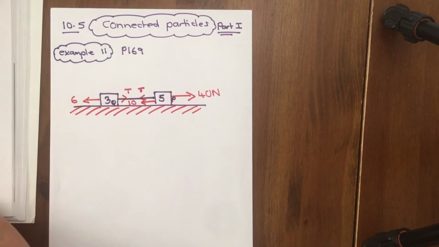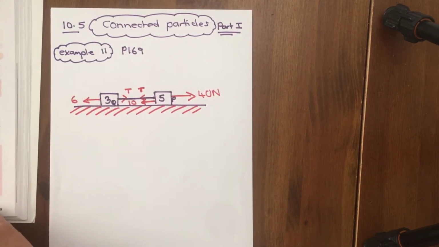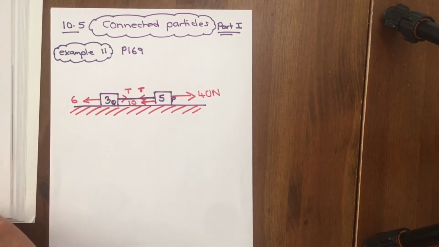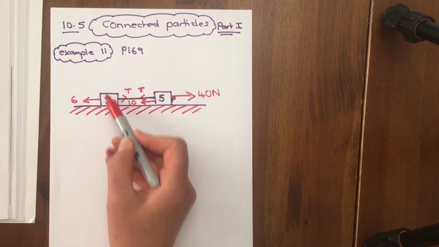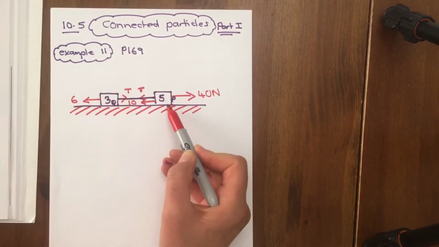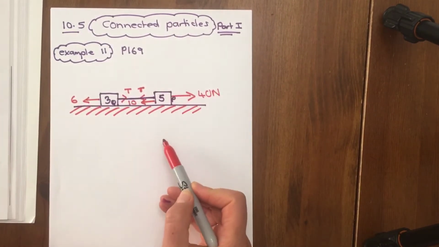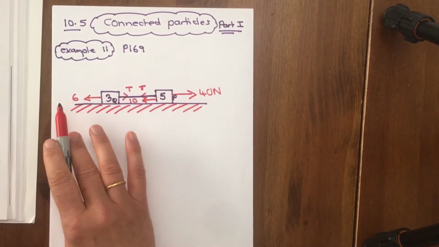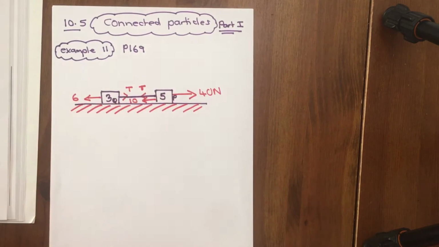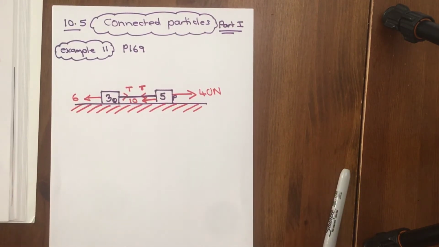Now the first thing we want to find is the acceleration of the particles. There will also be forces going up and down here: a normal force and a weight going down. I don't need to worry about that on my diagram because when I resolve forces, I'm only going to do it horizontally. So I'm not going to put those in as it may confuse.